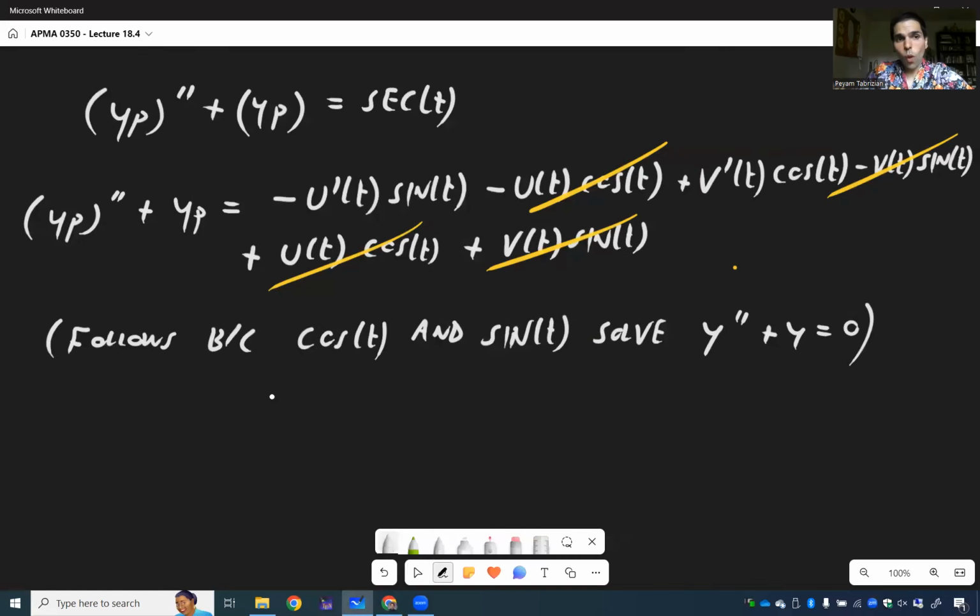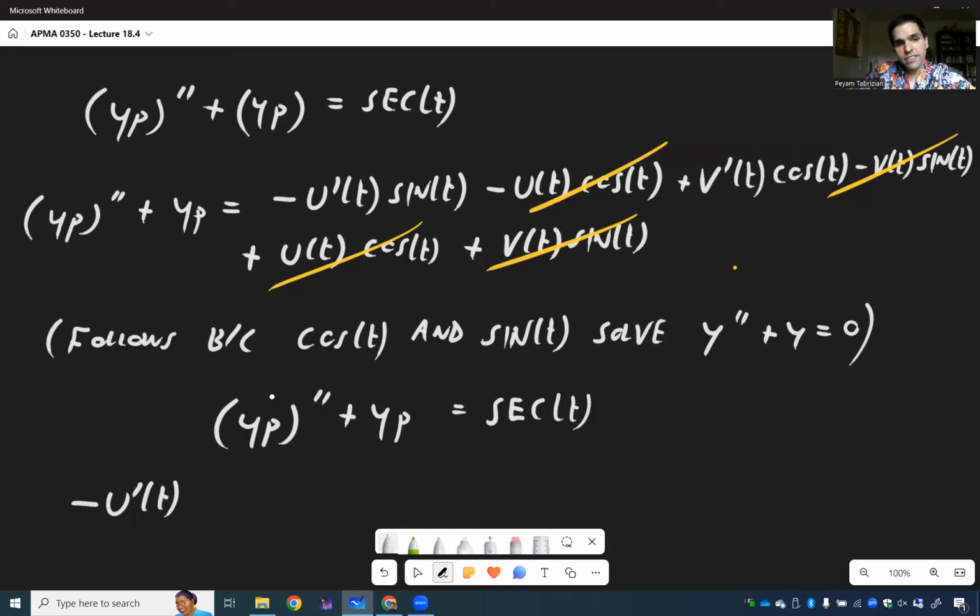And therefore, yp double prime plus yp equals secant of t then just simplifies to minus u prime of t sine of t plus v prime of t cosine of t equals secant of t.